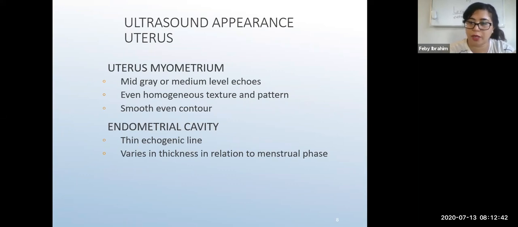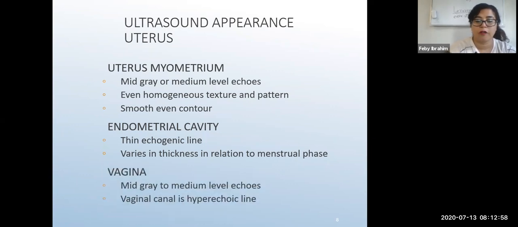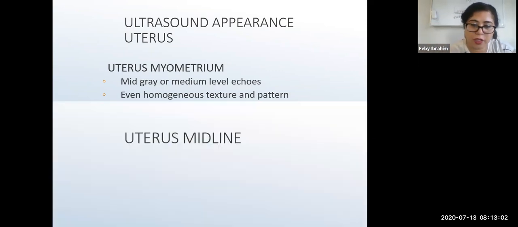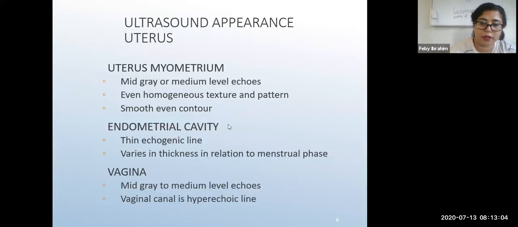And we're going to explain more details about the endometrial ultrasound appearance in relation to the menstrual phases later in lecture number 3. Vagina is mid-gray to medium level echoes, and the vaginal canal is a hyperechoic or echogenic line.